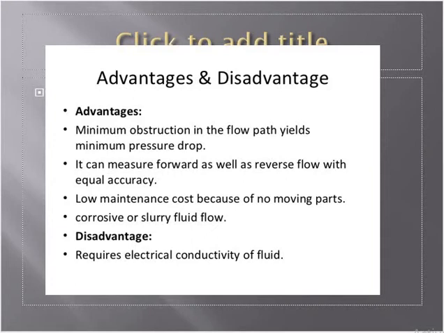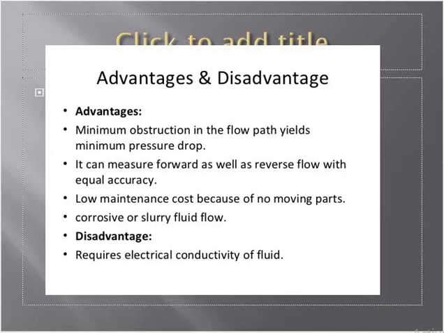We can measure reverse flow also with the help of the magnetic flow meter, with equal accuracy. Low maintenance cost because of no moving parts, and there is no corrosion.